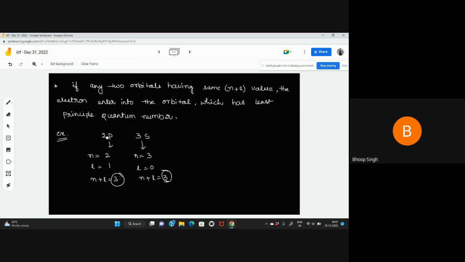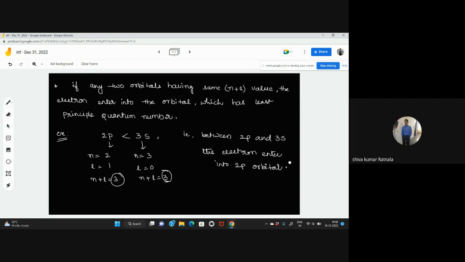Which has the least principal quantum number, 2p or 3s? 2p. So between 2p and 3s, the electron enters the 2p orbital.